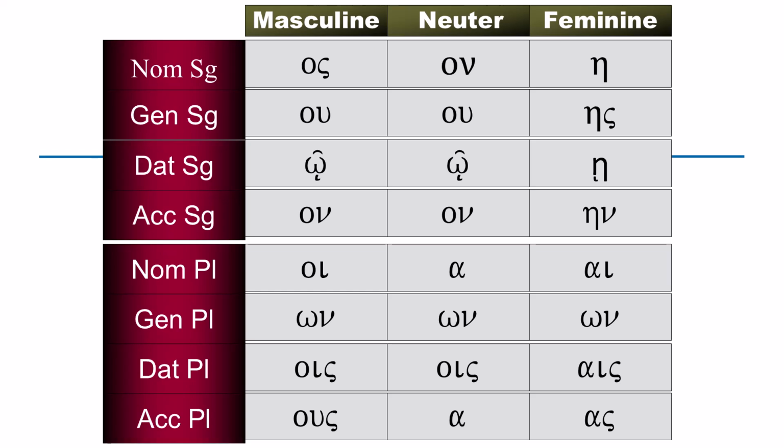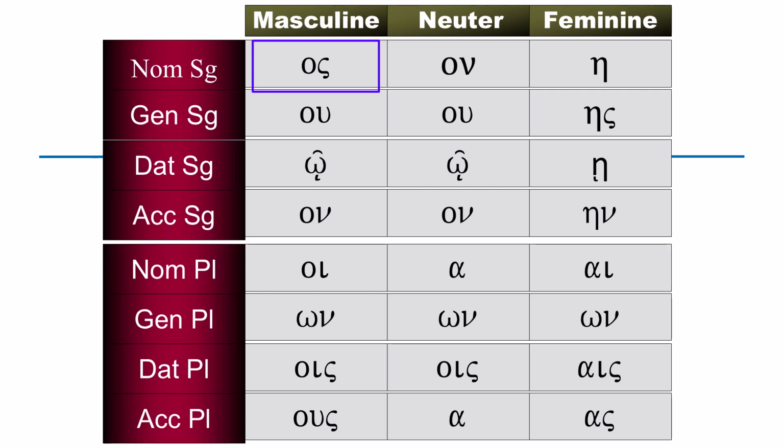And this is a paradigm that shows you what kind of function the word is playing in a sentence. Remember we said, in English, you look at the word order, but in Greek, you look at the case ending. And these are the endings that tell you. For example, when you're looking at the word ending with omicron sigma, for example, theos, that word would be in the masculine gender because on the paradigm, it's having case endings for the masculine.